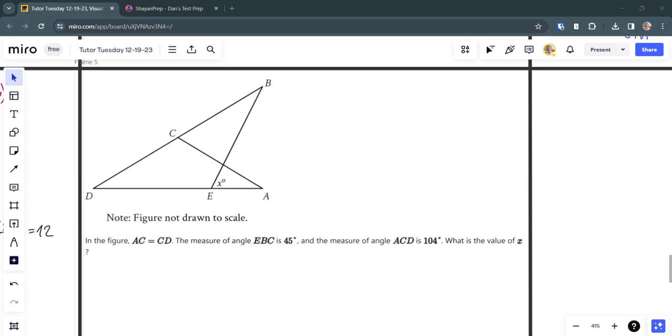Anybody get a solution yet? It's not only SAT math prep, but it's mainly SAT math prep. I do ACT as well, sometimes AMC.